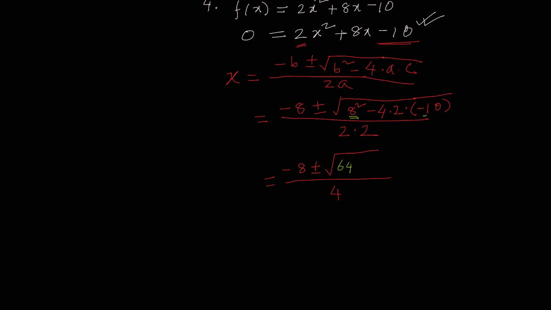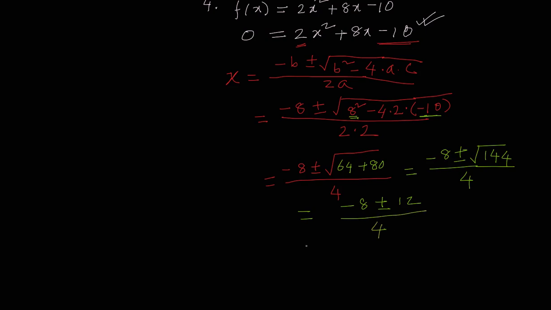Negative 8 multiplied by negative 10 is positive 80. So this turns out to be negative 8 plus minus square root of 144 over 4. The square root of 144 is 12, over 4.